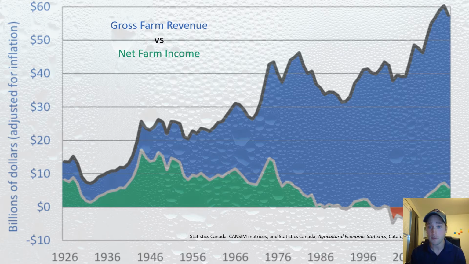It is not getting any cheaper to raise a crop in Western Canada, and it takes a lot of investment to receive a similar return as we have in the last 30 years, at least according to this data set. So this makes me wonder, should we be looking at options and examples to try to limit that gap when it makes sense to limit that gap?